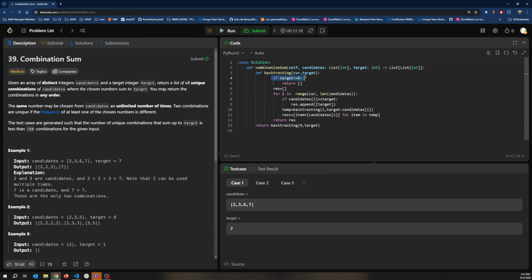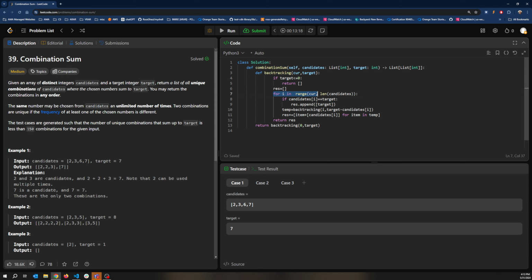If the target is 0 or negative, just return an empty array, because there is no number less than 0 here, and 0 is also not a number we care about. And if the target is positive, just create a result.